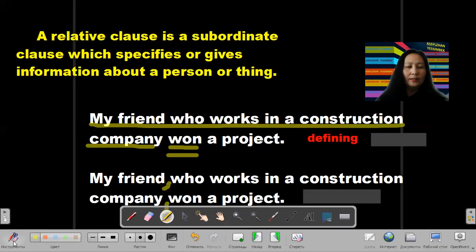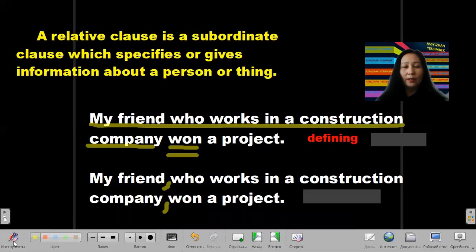Have a look at the second sentence. My friend is the subject, and won a project is the predicate. Who works in a construction company is just additional extra information. In this case, I have only one friend, and I want to give just a little more information about my friend, that he works in a construction company.